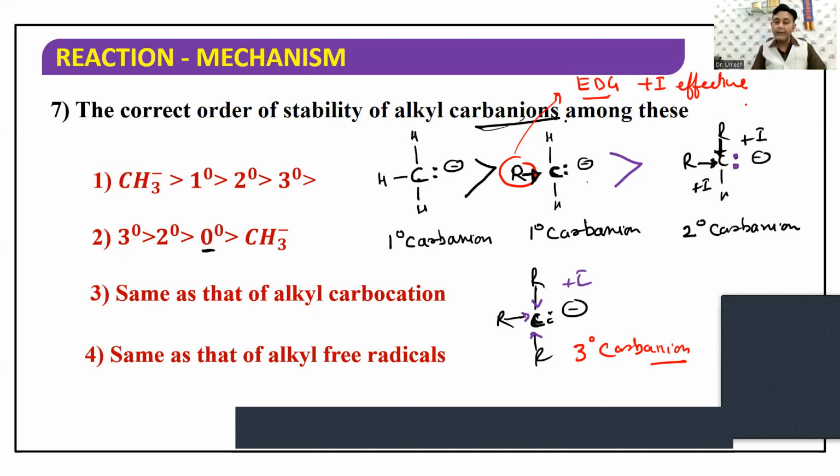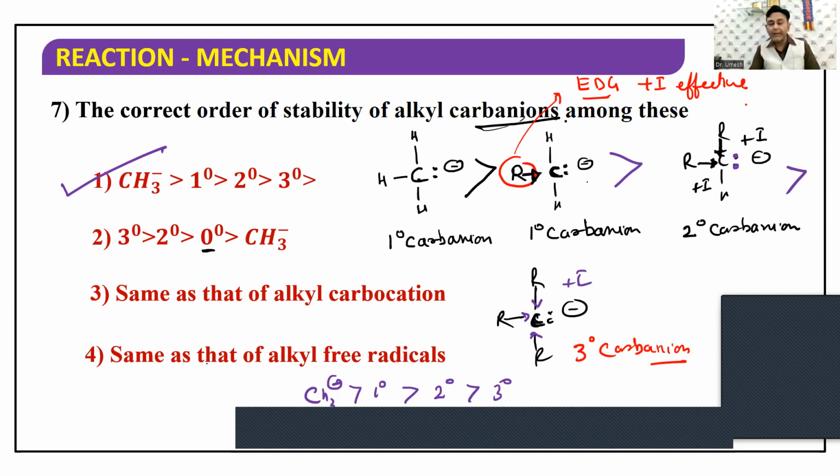It means least stability. So considering all this, we can say the methyl is more stable than the primary, the primary is more stable than the secondary, and the secondary is more stable than the tertiary carbanion. So if you check the options here, I can clearly find option number 1 is the correct answer.